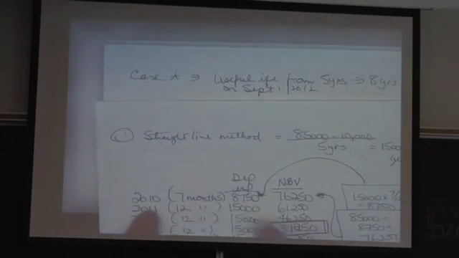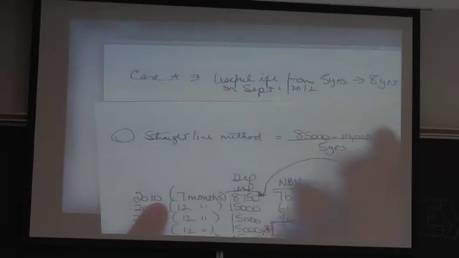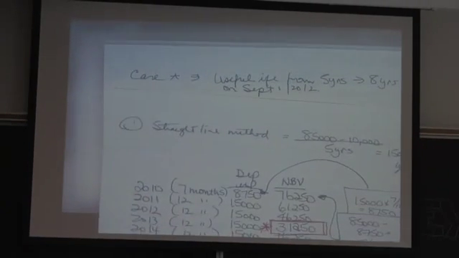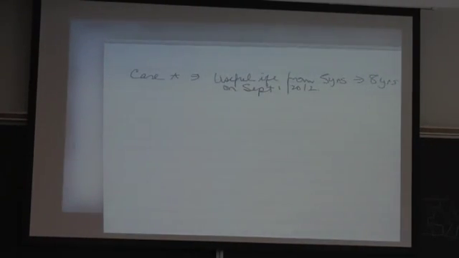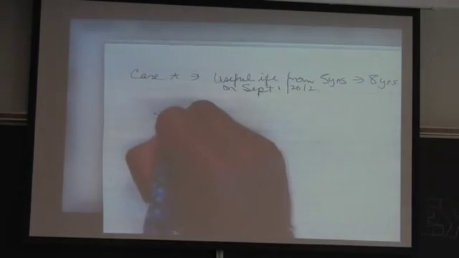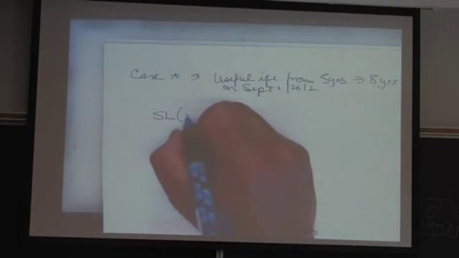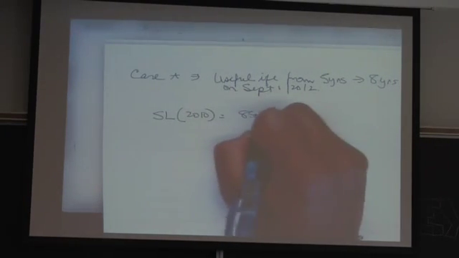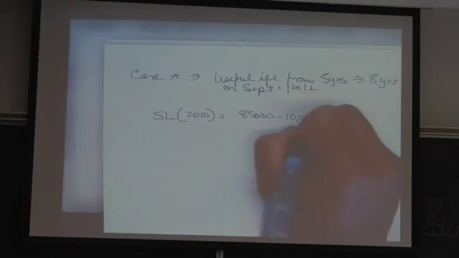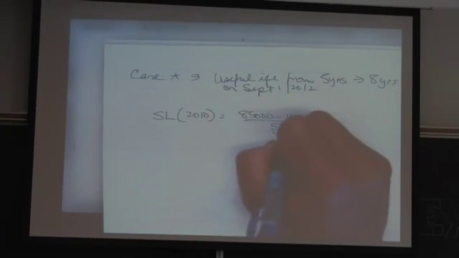So we know that the amortization of the old was 15,000. Straight line in 2010 is 85,000 minus the 10,000 divided by 5 years.